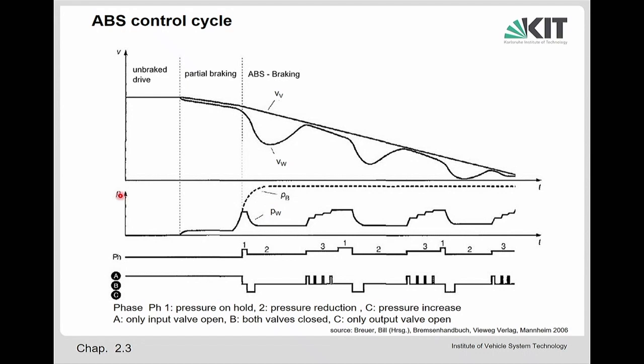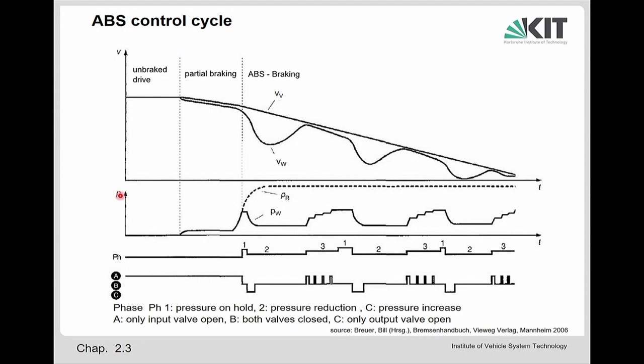We can have continuous information about the wheel speeds of all four wheels, but not of the speed of the vehicle. And so this is the reason that another quantity is also used for control, and this is the variation of the slip.